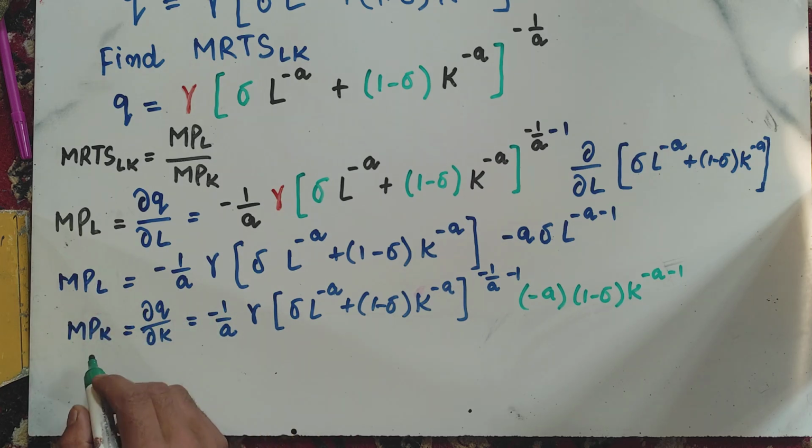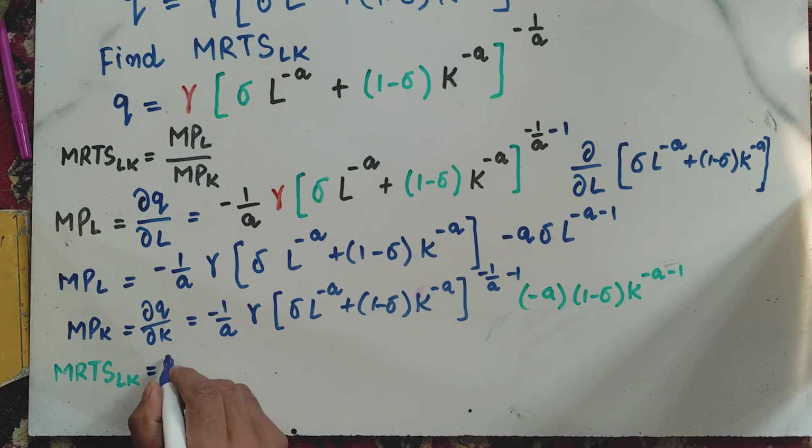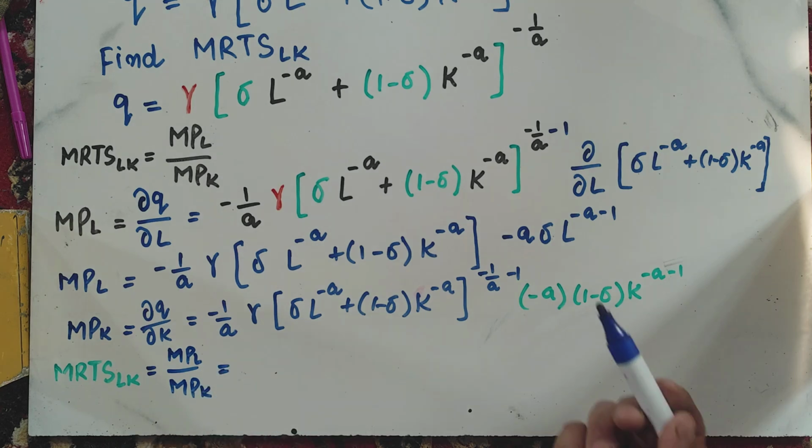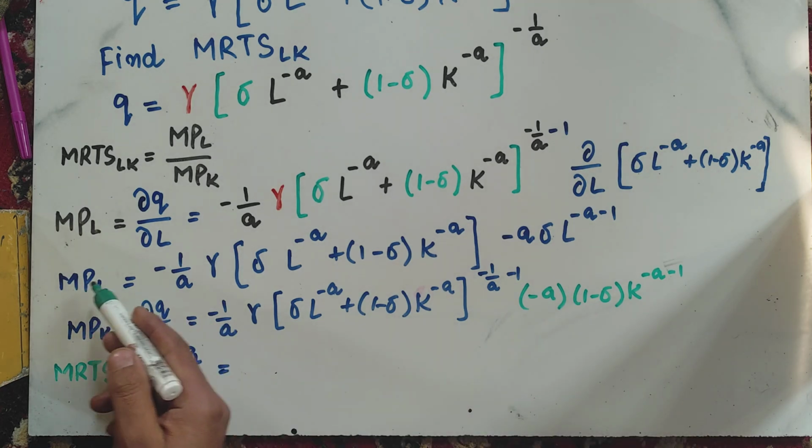Now MPL upon MPK, our marginal rate of technical substitution between labor and capital, which is equal to the marginal product of labor upon the marginal product of capital, will be equal to the following. Here you can see this is our marginal product of labor.